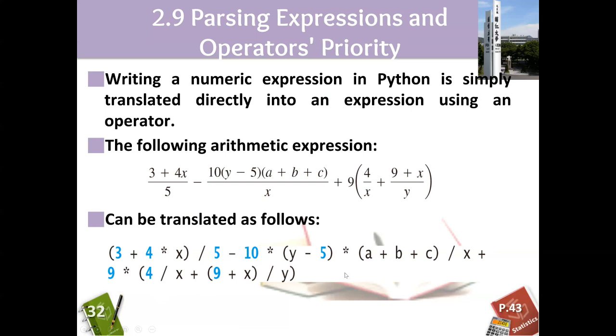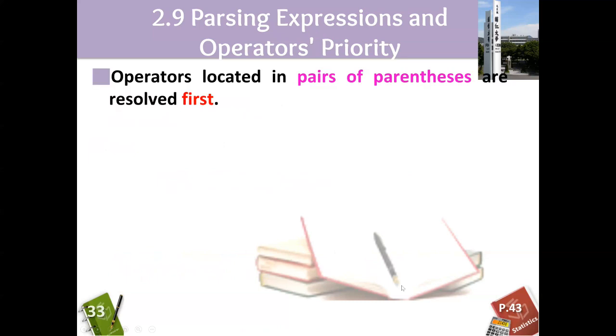Because it is all in just one line, you have to write all the mathematical expressions in numeric form. So don't forget the parentheses and the order. The order we will talk about later.